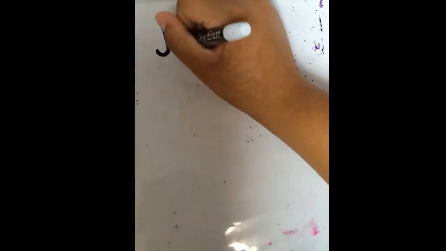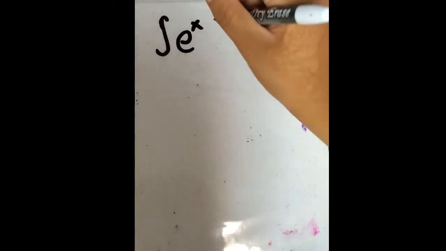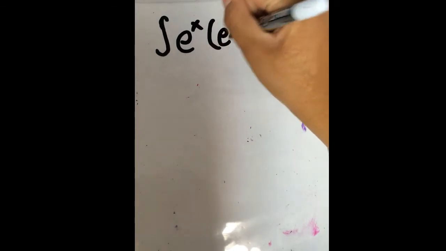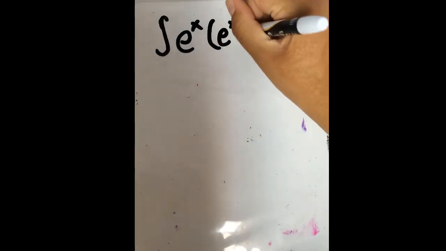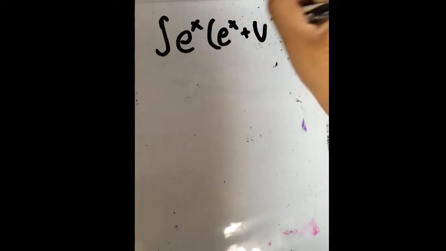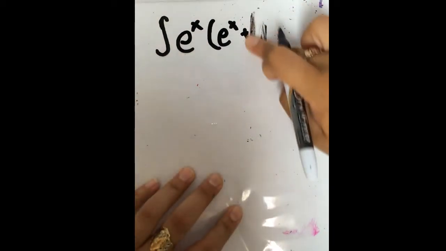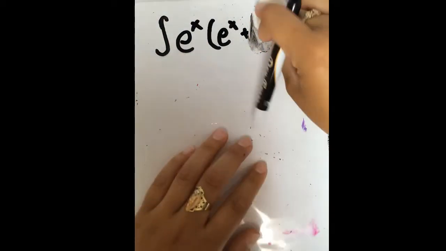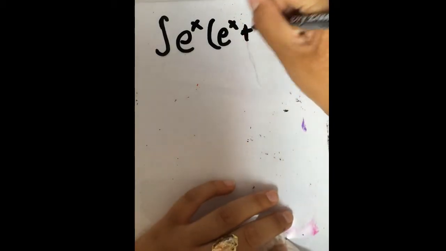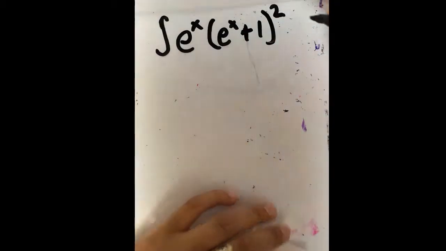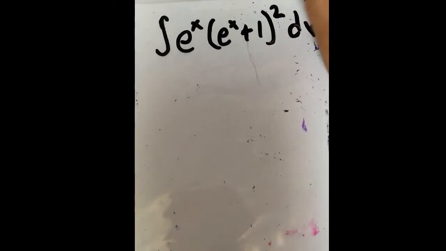A harder, more challenging problem. Here's an example where we will have to use again the u substitution method. That's e to the x over e to the x plus 1 squared dx.